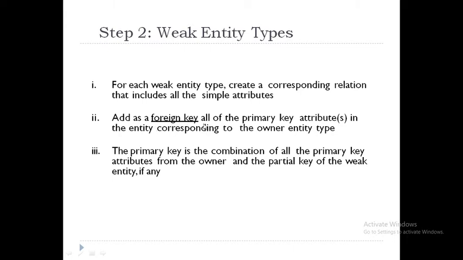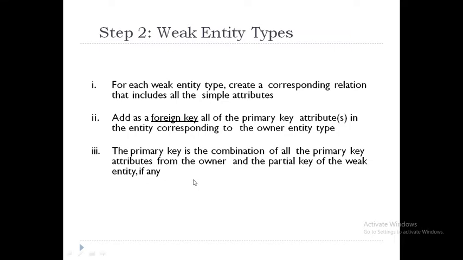Okay, so add a foreign key like all the primary key attributes of the entity type corresponding to the owner entity type. Now the weak entity type, weak entity means it is dependent on some other strong entity type, right? So you have to include the primary key attributes of the strong entity type in the relation as a foreign key.